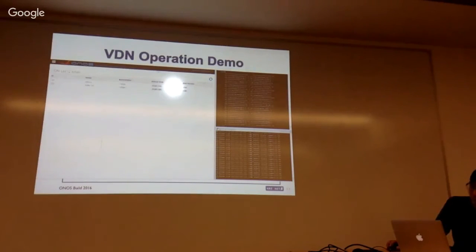If you want to update a VDN, changing required bandwidth, adding or removing VDN hosts, type VDN update with the changing parameters. We can check the changes by the GUI and using the CLI command. If you want to remove a VDN, type the VDN remove command and the VDN ID or name.